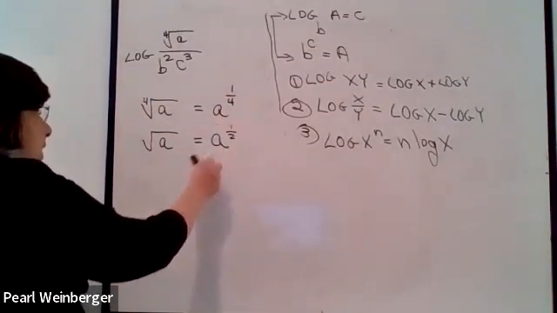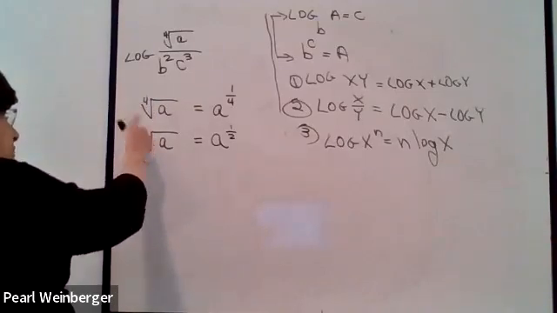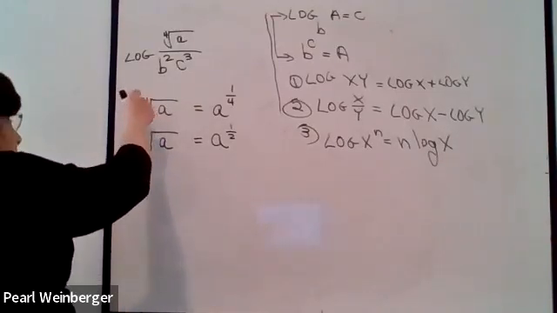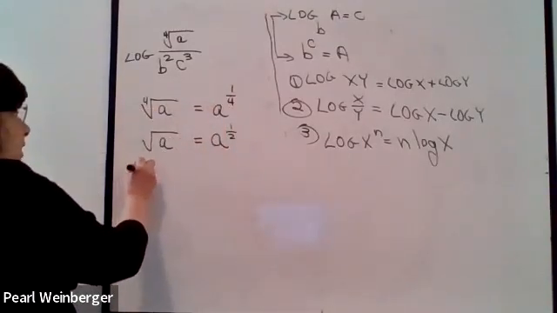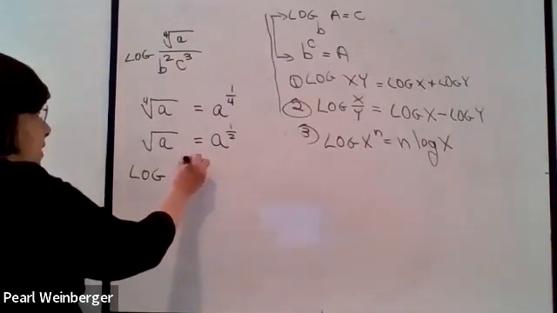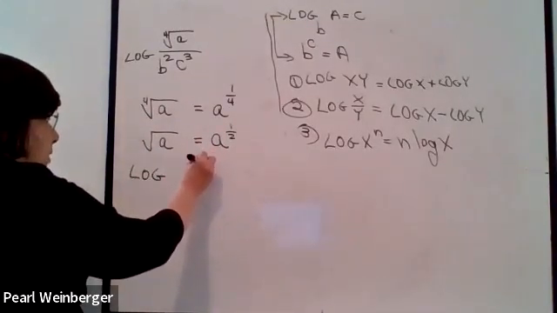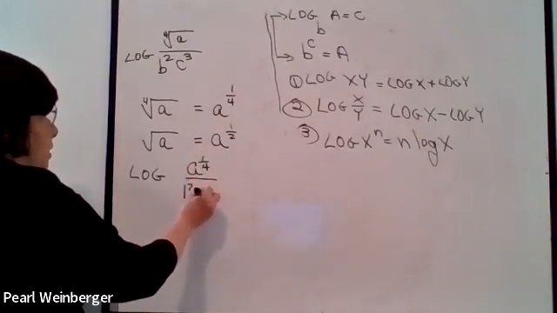That's most common, but any index, remember here the index is understood to be 2. Here the index is written as 4, means a to the 1/4. So actually what I'm asking you to do is the log of a to the 1/4 power over b squared c to the 3rd.